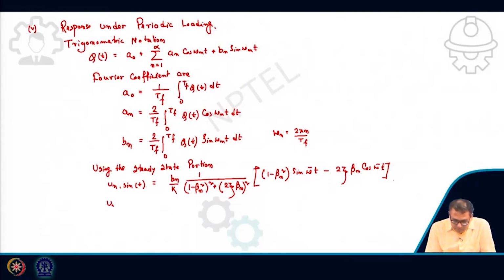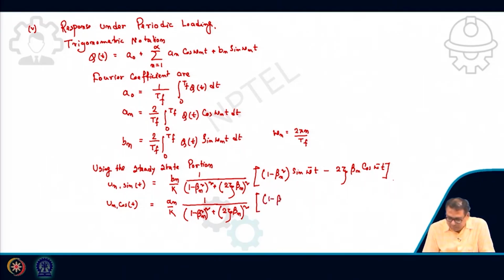Similarly, I can write un for cos t. Instead of bn, it will be an divided by k. Then this part will remain the same: 1 minus beta n squared whole squared plus (2 damping ratio beta n) whole squared. Then (1 minus beta n squared) cos omega bar t plus 2 damping ratio beta n sin omega bar t.